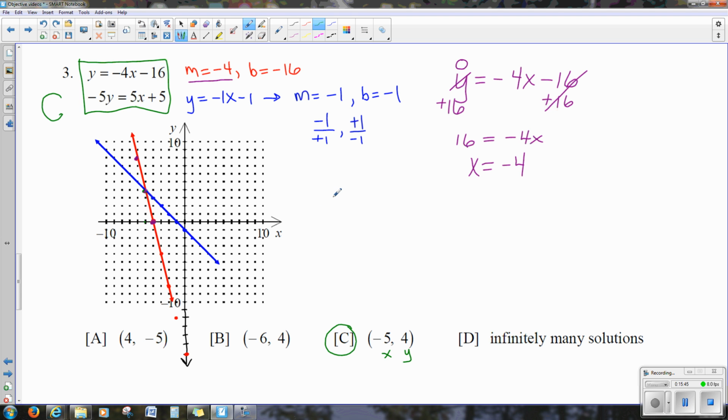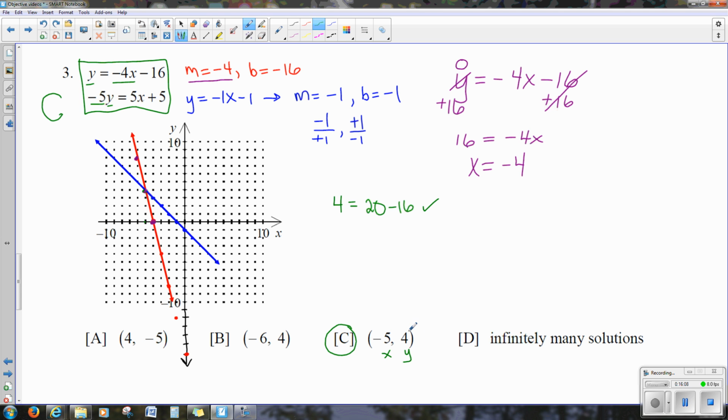So y equals, so that's 4 equals negative 4 times x. Negative 4 times negative 5 would be positive 20 minus 16. That is true. 4 is equal to 20 minus 16. So the first one is true. The second one, we have negative 5 times y.